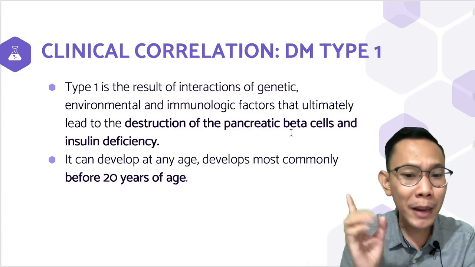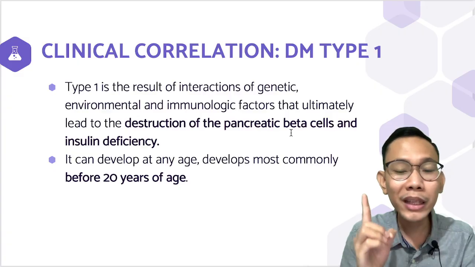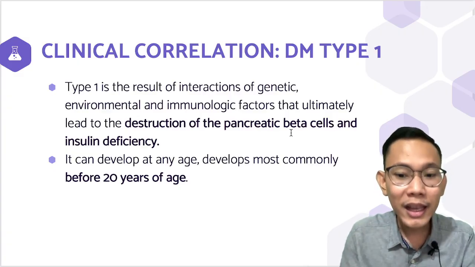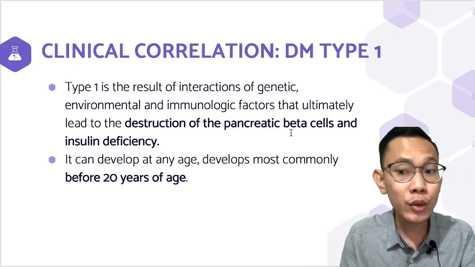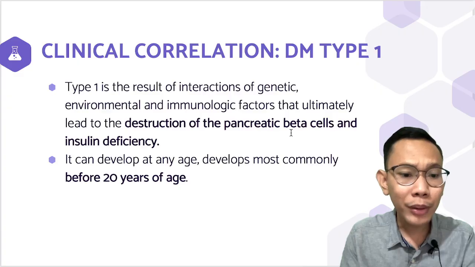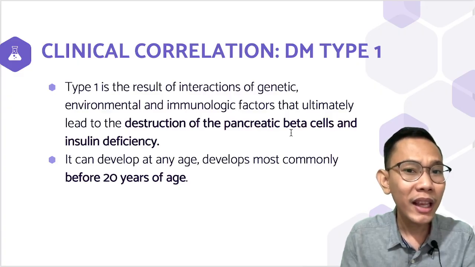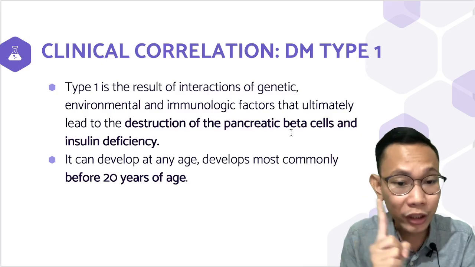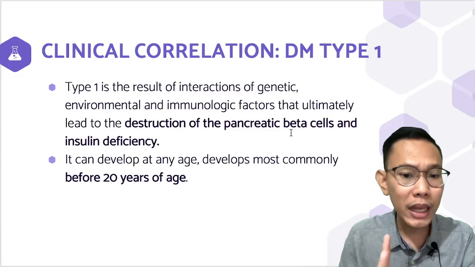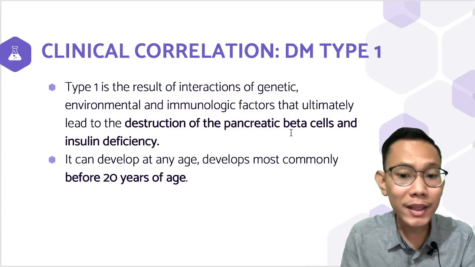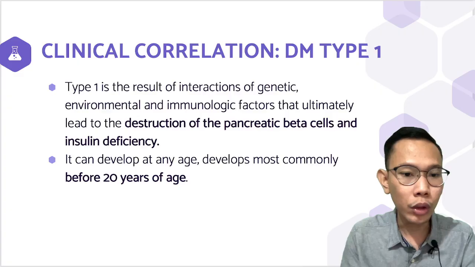Meron silang normal pancreas at birth but begin to lose your beta cells secondary now to your autoimmune process that occurs over months to years. This autoimmune process is thought to be triggered by pwedeng infectious, or pwedeng environmental stimulus and to be sustained by your beta cell specific molecule.